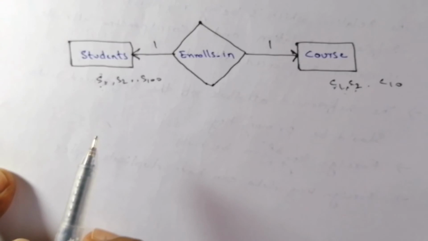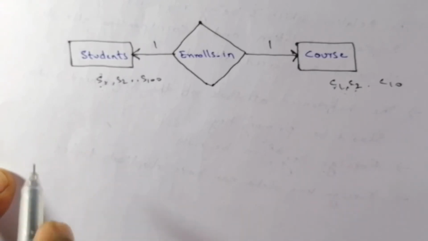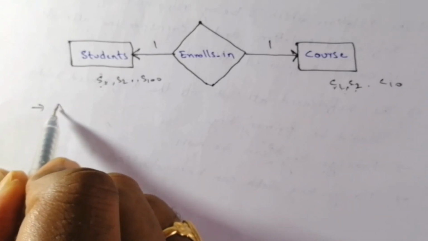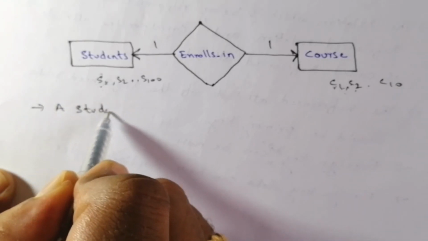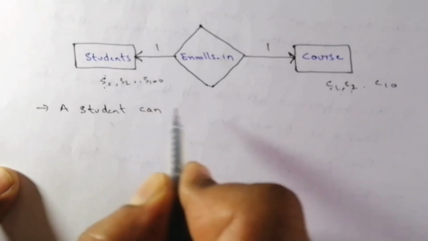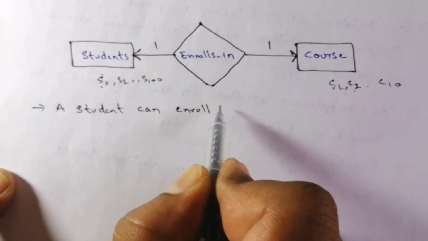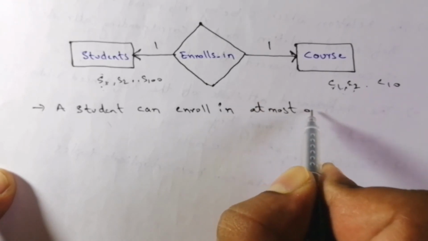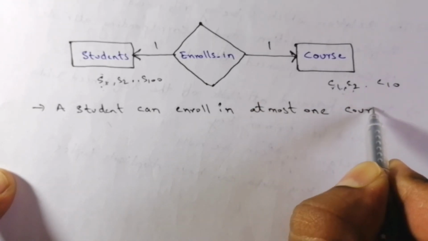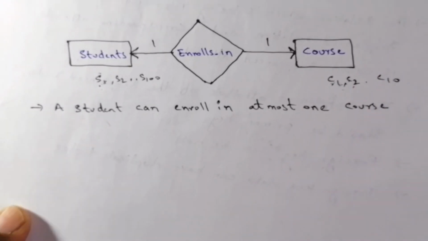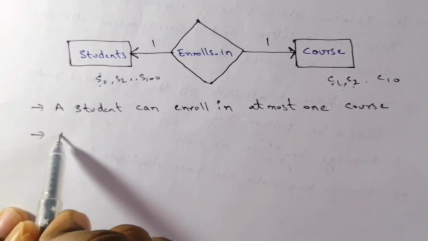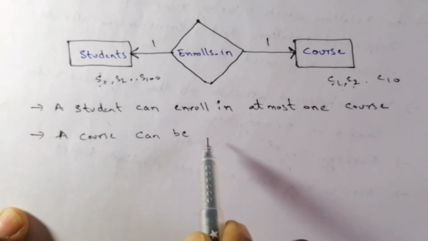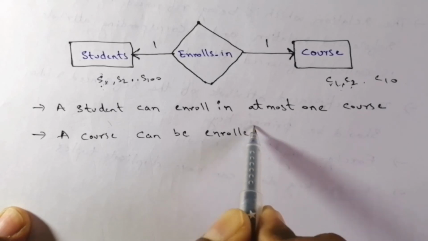So what we have learned here is a student can enroll in at most one course, and in the same way a course can be enrolled by at most one student, right?